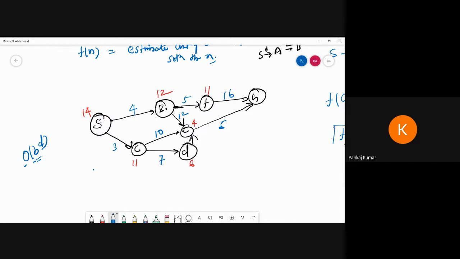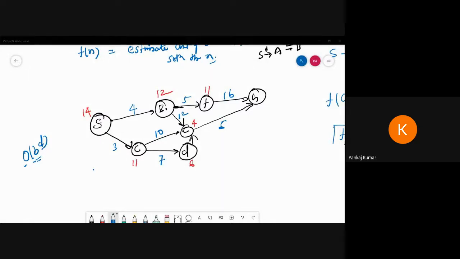First you can try and tell me what the estimated cost is. Any doubt about what f of n, h of n, g of n are? No doubt? What is the heuristic value of C?